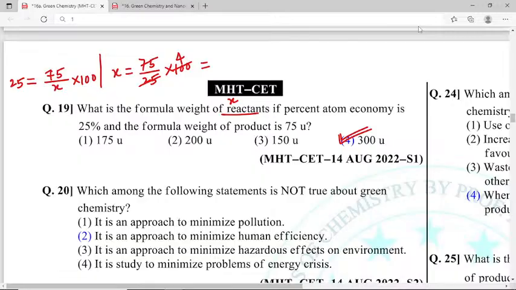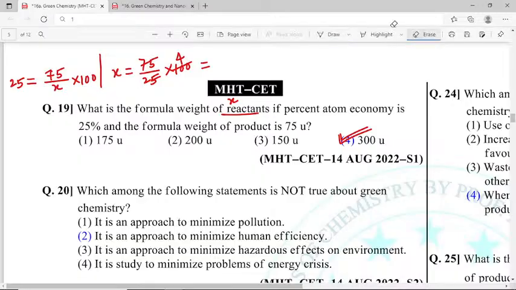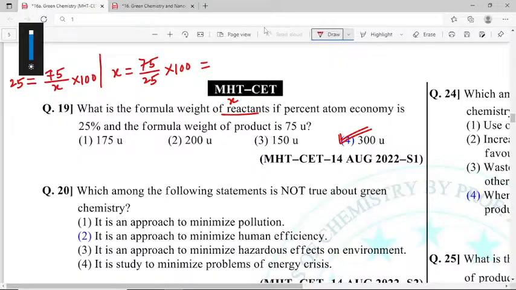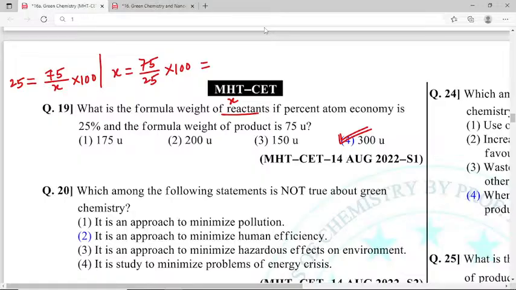Okay, clear everyone? Okay, now check it is okay. Clear, it is clear. Sound clear?